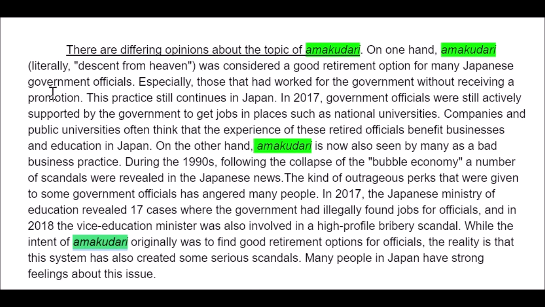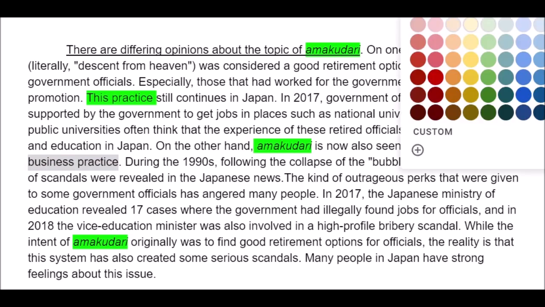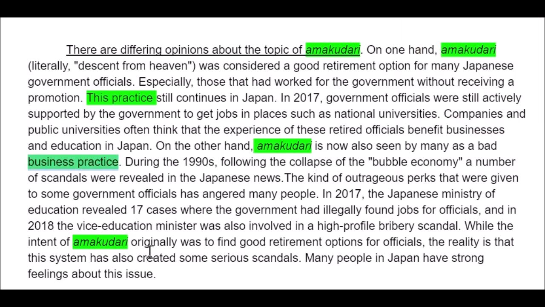Now, there are some other words that use pronouns. For example, this or this practice. And these are also words that repeat the topic. This practice, and again, down here we have business practice, and one more word, system.